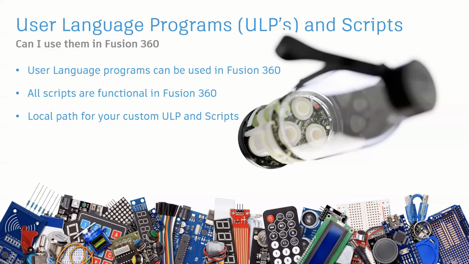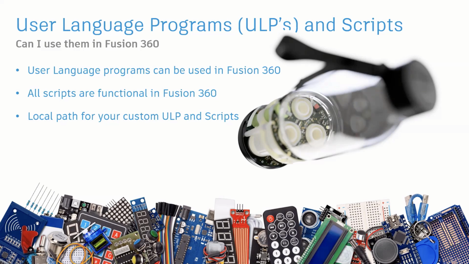Now remember, Fusion 360 is a cloud-based application. Therefore, we have created a local drive, a local path on your local computer. That way Fusion 360 can access them, because remember, Fusion is cloud-based, so we made provisions for you to be able to address that and access them.